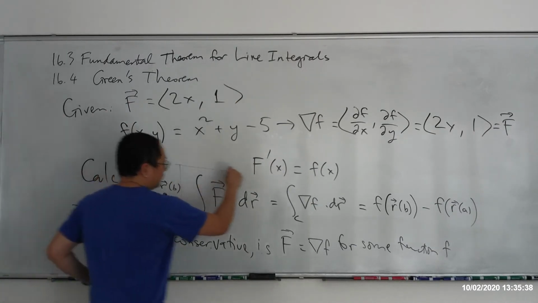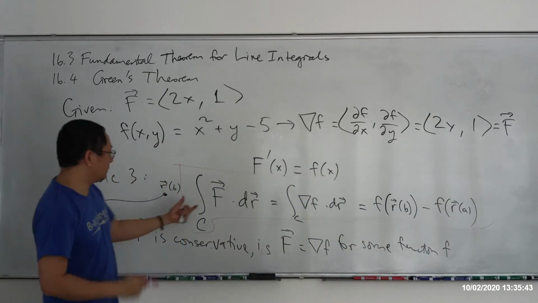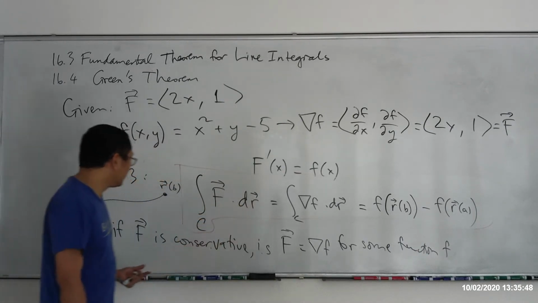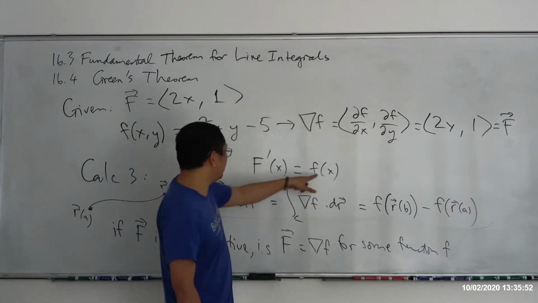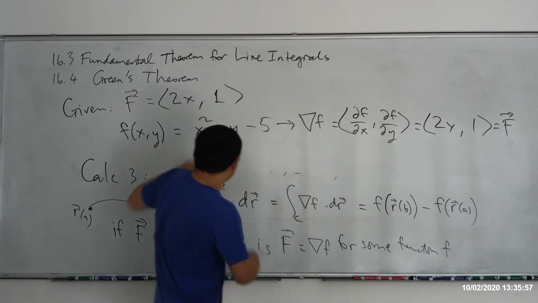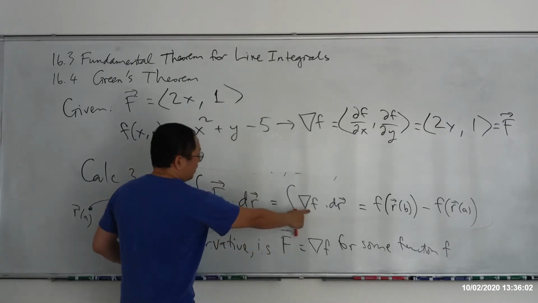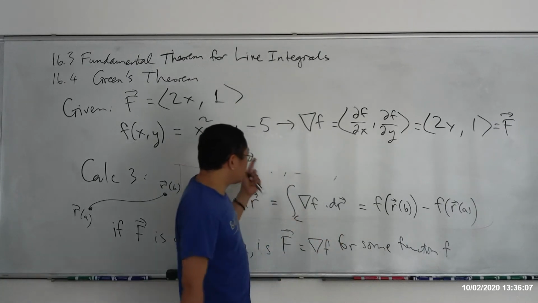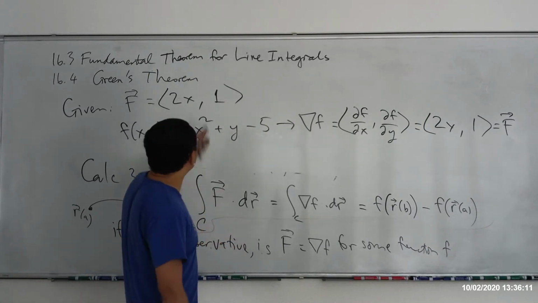The line integral of the vector F dot dr, a dot product of vectors, is going to be equal to, because vector F is the same thing as the gradient of the function f, the gradient dot dr, and it satisfies the fundamental theorem for line integrals.